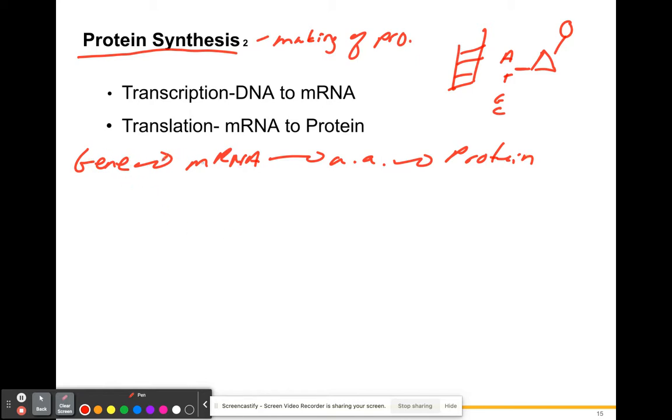But this process of the gene being turned into mRNA, and what is mRNA? I should mention that. mRNA stands for messenger RNA. It's a piece of RNA that is a message. It's going to tell something else some information. The gene can't be used as a gene directly.